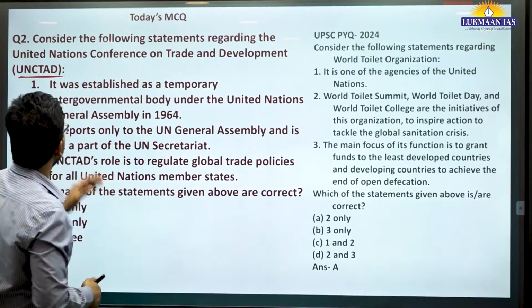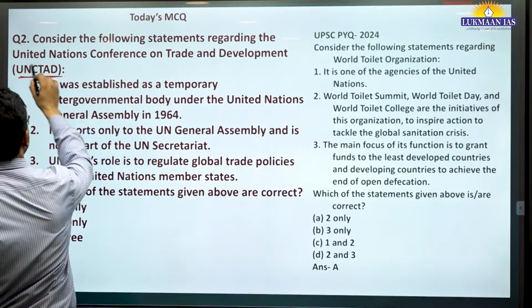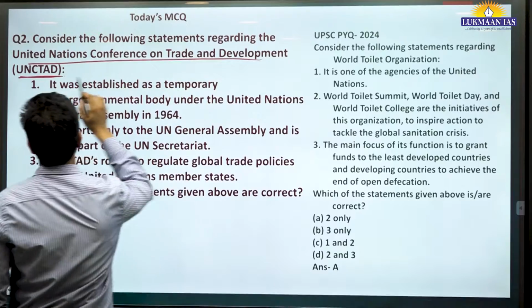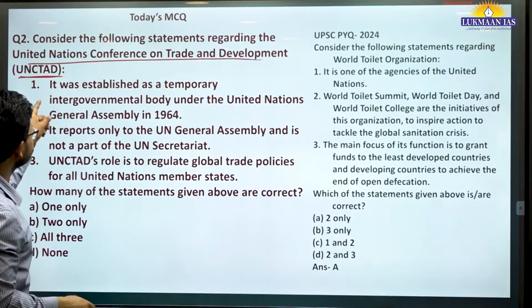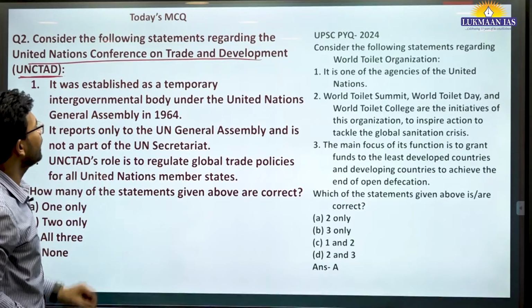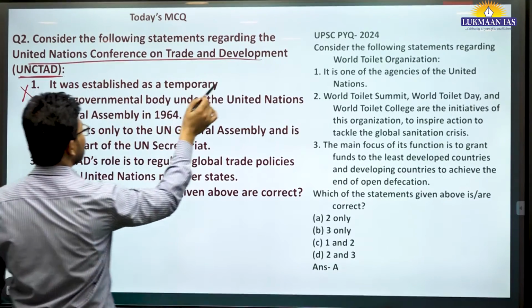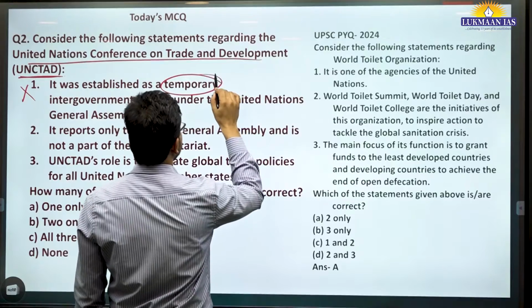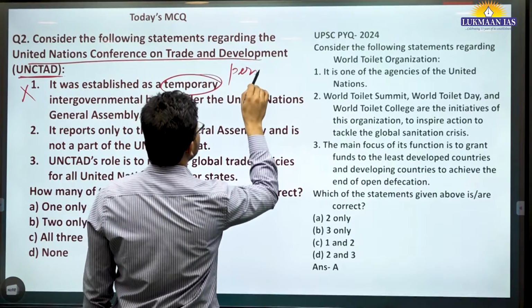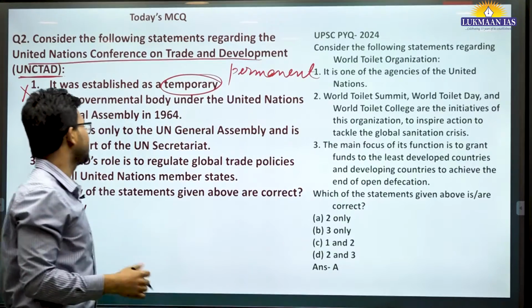It says, consider the following statements regarding United Nations Conference on Trade and Development. It says it was established as a temporary intergovernmental body under the United Nations General Assembly. Basically it is not a temporary intergovernmental body, it is a permanent intergovernmental body under the United Nations General Assembly.